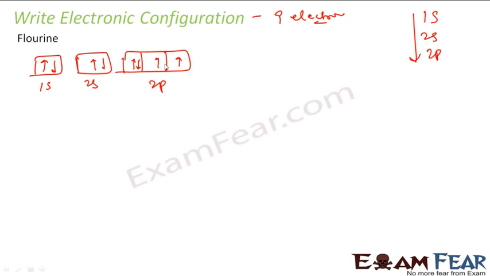The 8th we saw will come here, so the 9th will come here. So the 1s subshell has 2 electrons, the 2s subshell will have 2 electrons, and the 2p subshell will have 5 electrons. That is my fluorine.